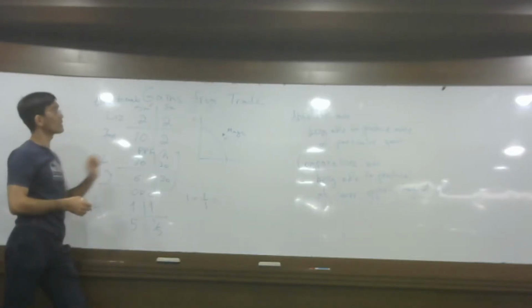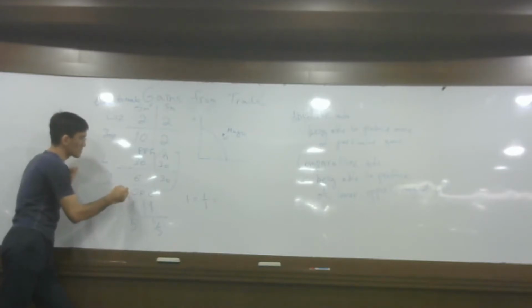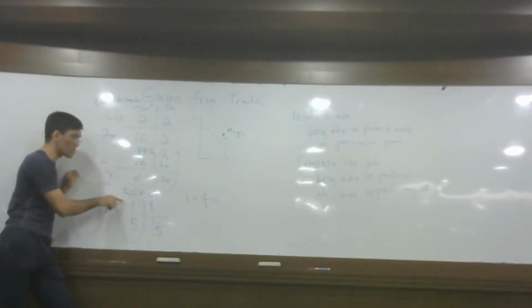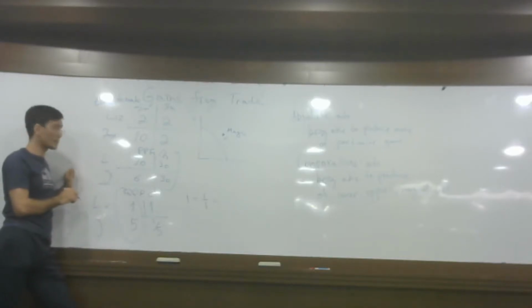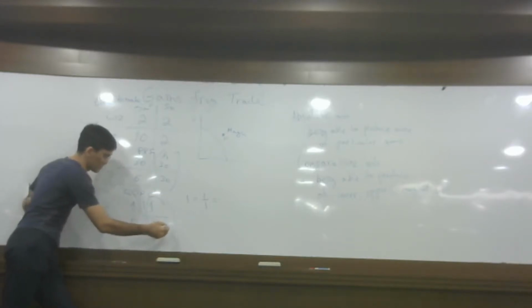Now let's see who's got comparative advantage. In smoothies, Liz has a comparative advantage because her opportunity cost is lower than his. This is Joe, right? And in salads, Joe has the comparative advantage.